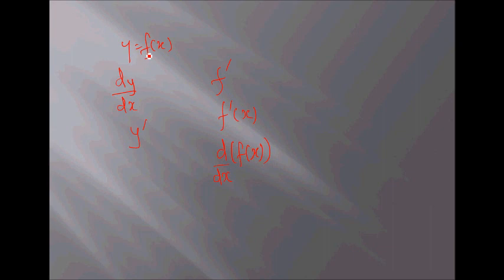So we can just put this function inside and say d over dx of this is so and so. So these are some of the notations used to represent the derivative of a function y equal to f of x with respect to x.